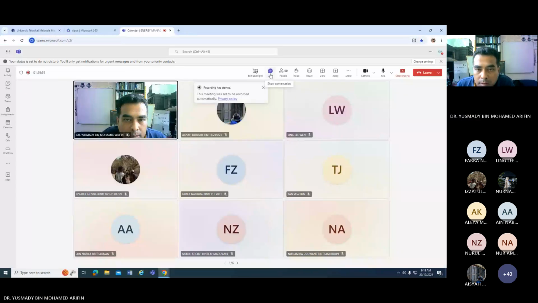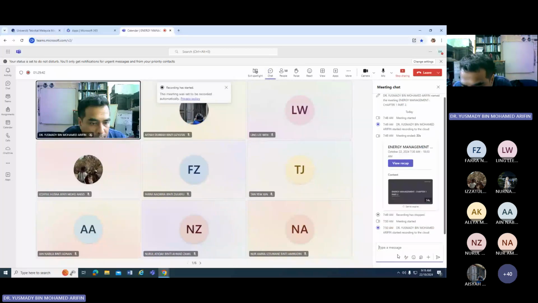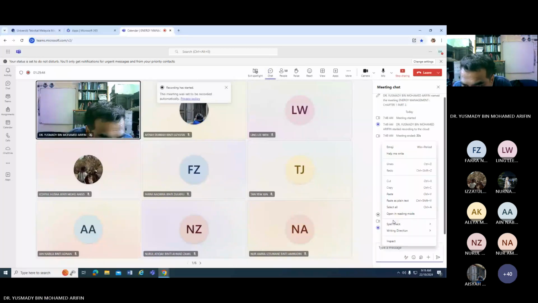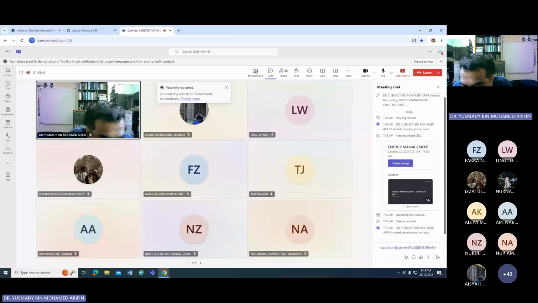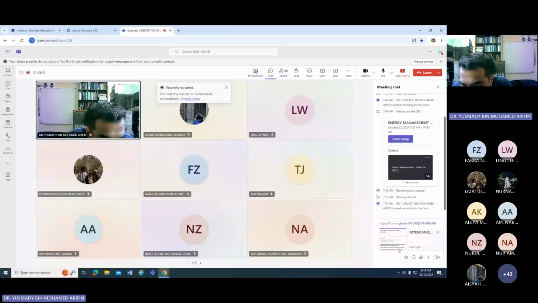Yang ni untuk attendance dan juga badges. Saya hantar kat sini. Boleh klik ke? Oh, saya tak boleh klik.